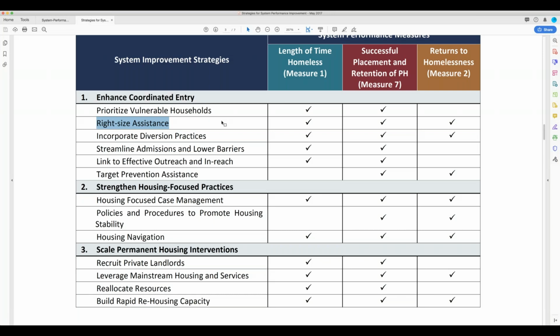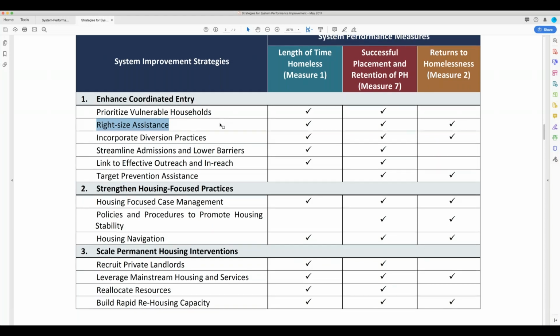Are we giving rapid rehousing just to the folks that are going to need rapid rehousing, because we don't have enough of it to go around? There's just not enough money. So what are we doing that's going to have the biggest impact, even if we don't have enough money for everybody? Those are the things that I'm excited to hear continued conversation and strategic thinking around.